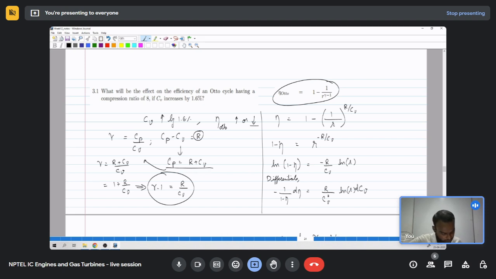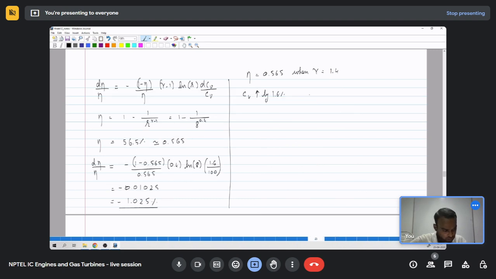So I take this expression, Cp minus Cv is R, and with gamma equal to Cp by Cv, gamma minus 1 into Cv is equal to R. Now Cv is equal to R by gamma minus 1. R we know it is 287, divided by 0.4.